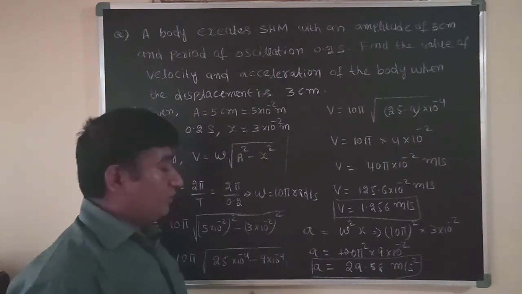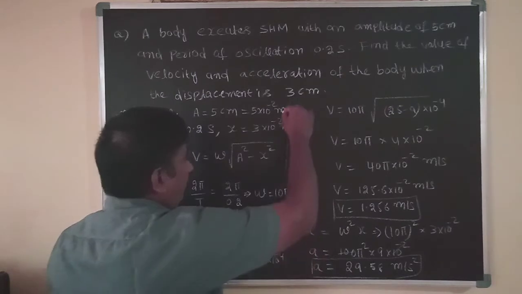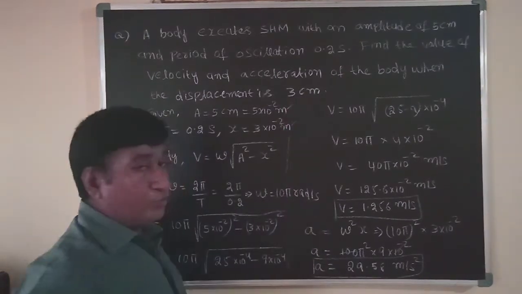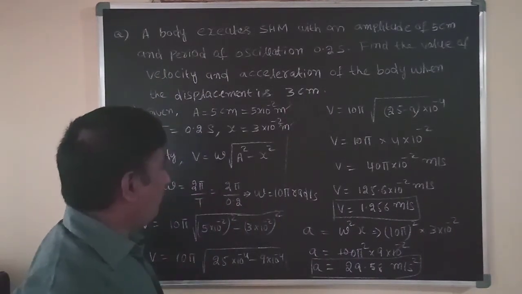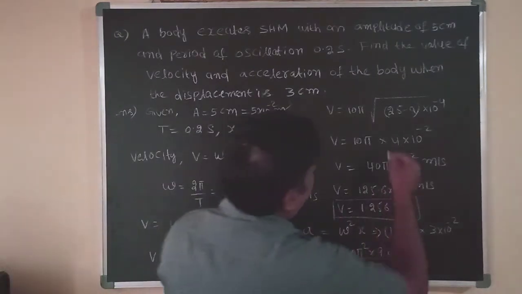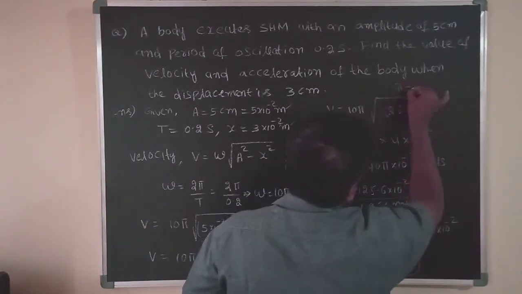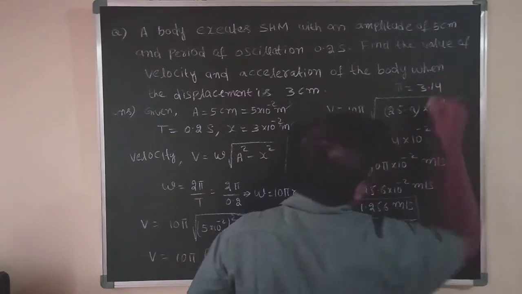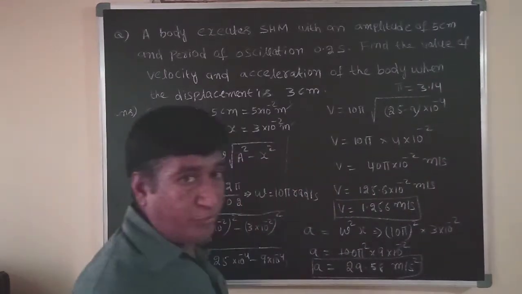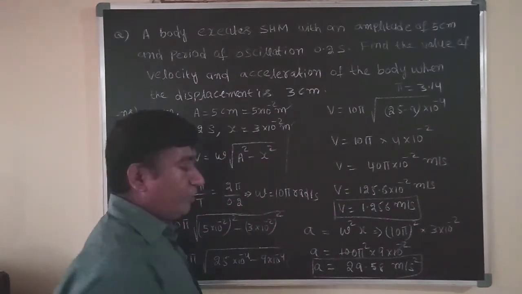Here we have to convert the centimeters into meters, and then substitute the π value. Here π is equal to 3.14, a constant value, or you can use 22/7, and then we get the answer.